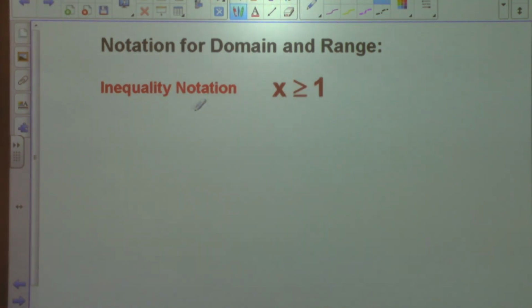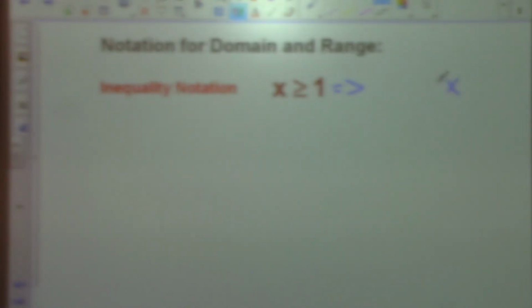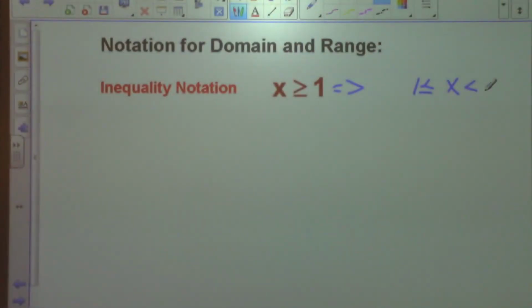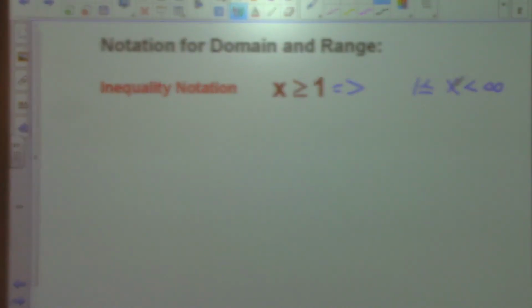Inequality notation. You'll see it like this sometimes, but also you'll see it like x is greater than or equal to 1 and less than infinity. Sometimes you'll just see it like this, but a lot of times you'll see both ends described.